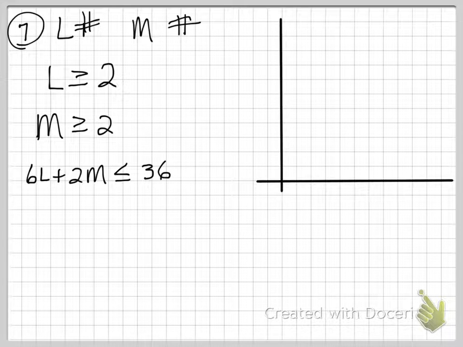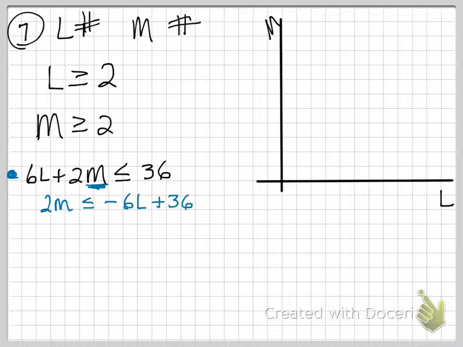You have to pick which axis is going to be small, which one's going to be large. I'm going to put the large on the X and the small on the Y. You could do it the other way. If I do that, however, I do need to solve my equation that has all the wonderful variables right here for my letter M. So I'm going to take 2M less than or equal to, I'm going to subtract that 6L to move it to the other side, and now divide everything by 2.